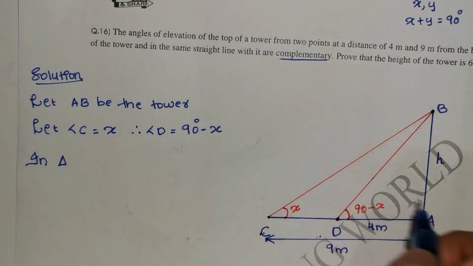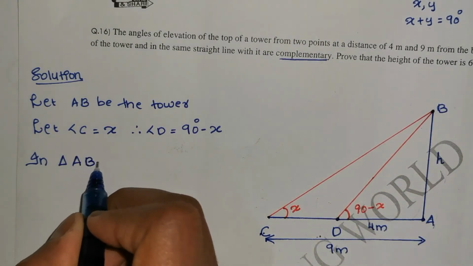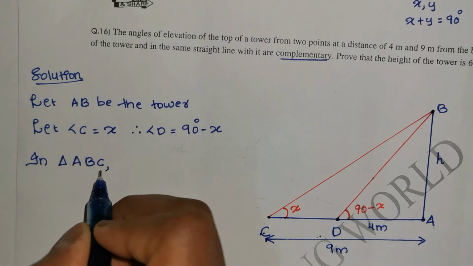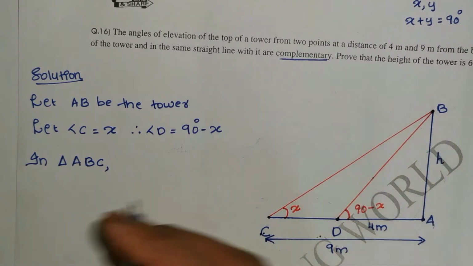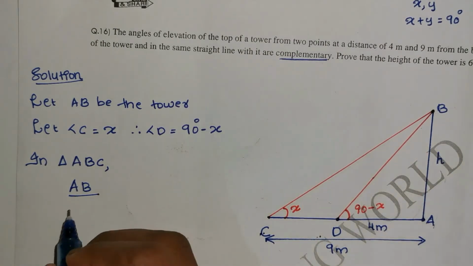Okay, so I am taking triangle ABC first. In triangle ABC, AB is the perpendicular. I am starting with the perpendicular.